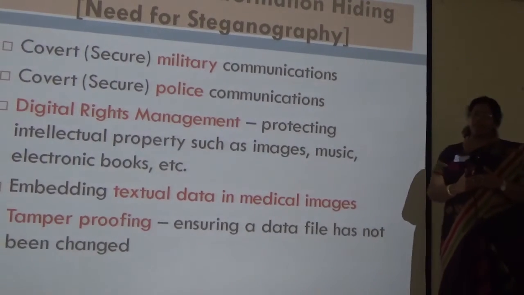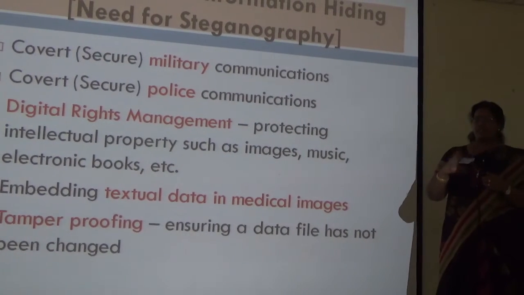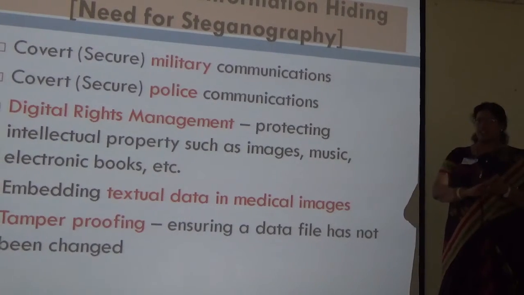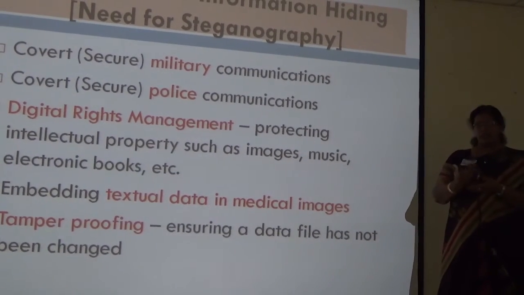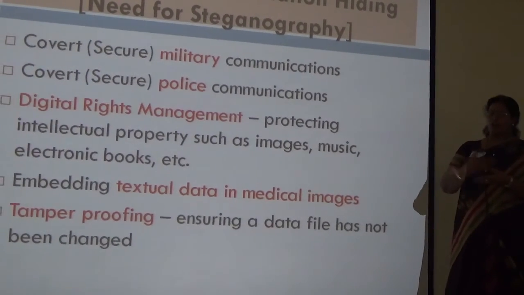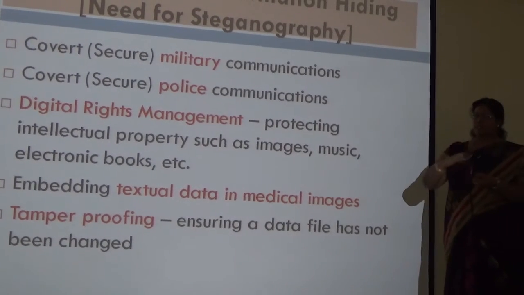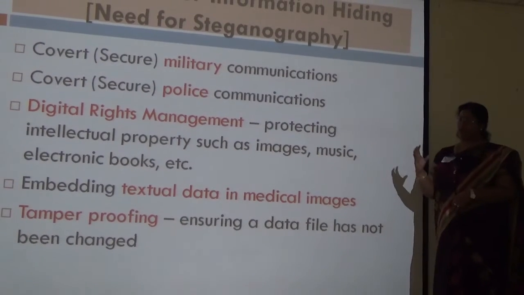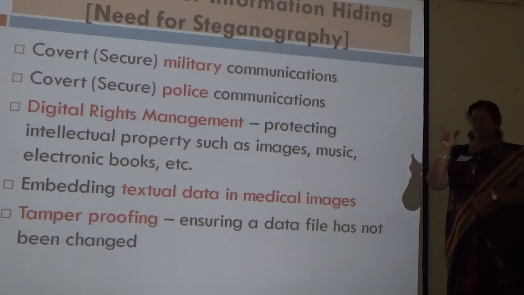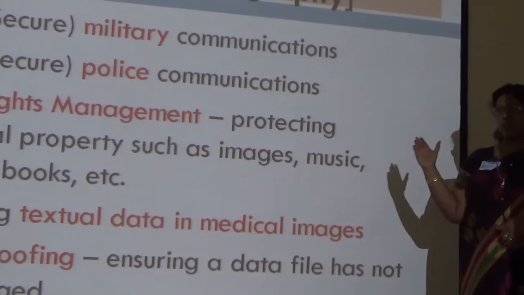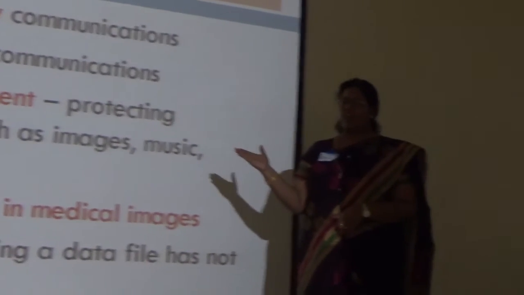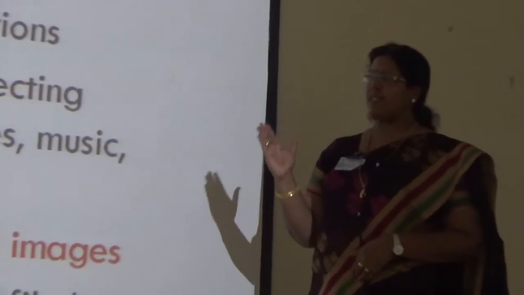Whereas in steganography, the transmission of the message itself is unknown. The message itself is hidden under a cover. The cover can be an image, an audio file or a text file. So the presence of the message itself is hidden in steganography. That is the major difference between steganography and cryptography.